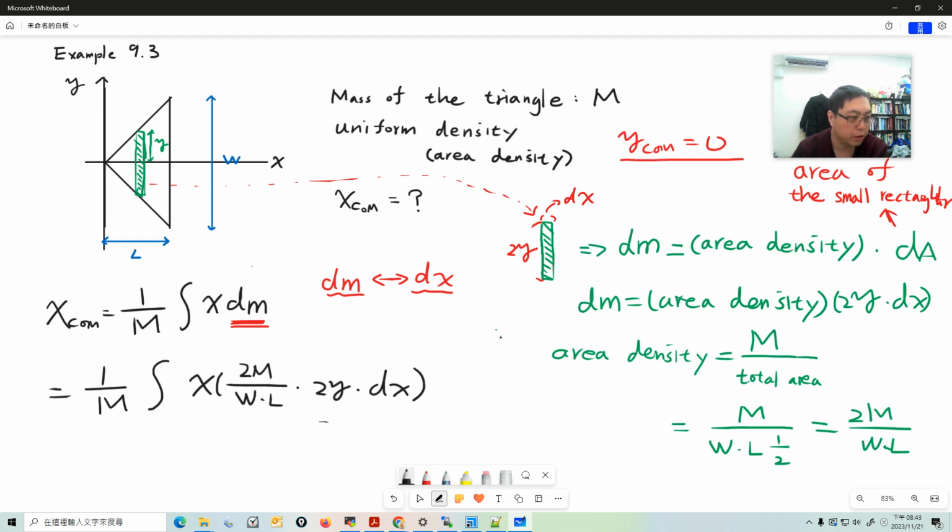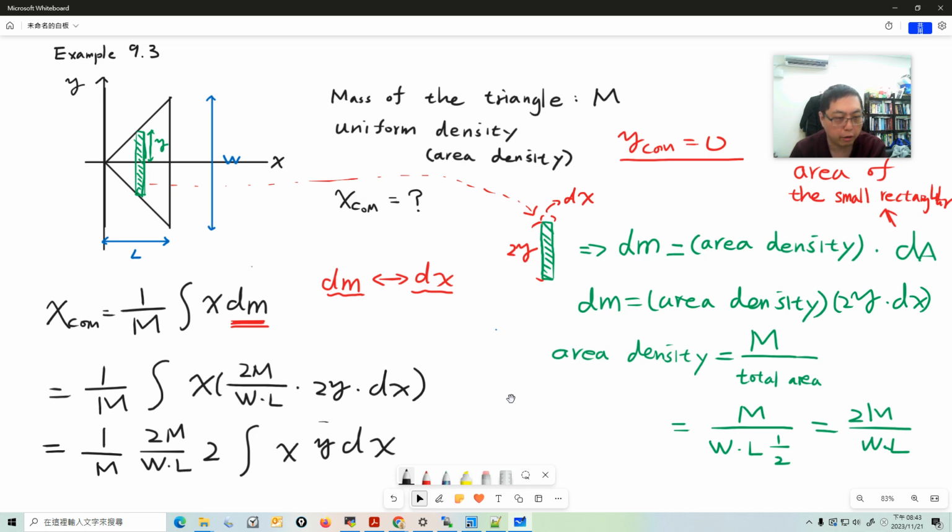The total mass, width, and L are constants, so we can factor them out. Then we integrate x y dx.